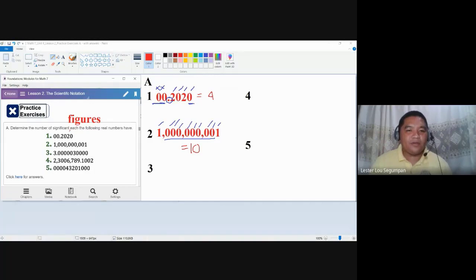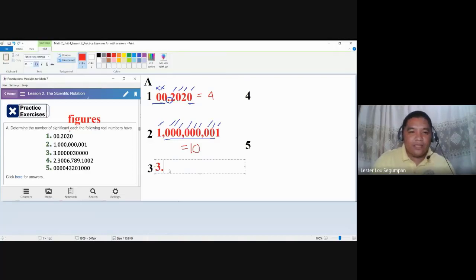How about number 3? How many significant digits or significant figures does this expression have? So again, let us try to write the given here so that we can scribble down items later on. 3.00000 and another 3.00000. So we have this given here.